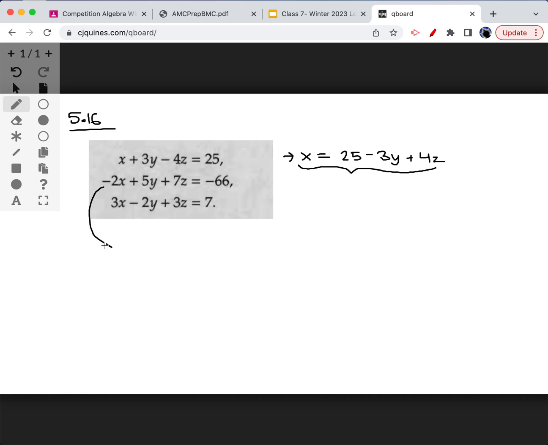So then we can substitute this into our other two equations. So if we substitute x is equal to 25 minus 3y plus 4z into the second equation, we get this.